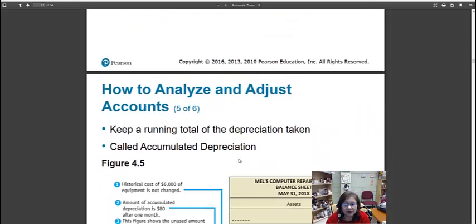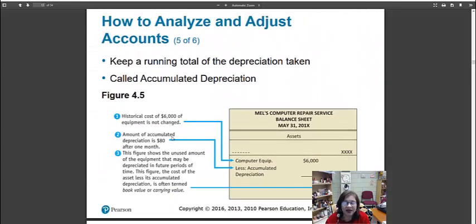So then, to analyze and adjust the accounts, you're going to keep a running total of depreciation, and that's what accumulated depreciation is. So the computer equipment was $6,000. Once you figured out how much you're going to be taking out, then your accumulated depreciation is $80 each month.